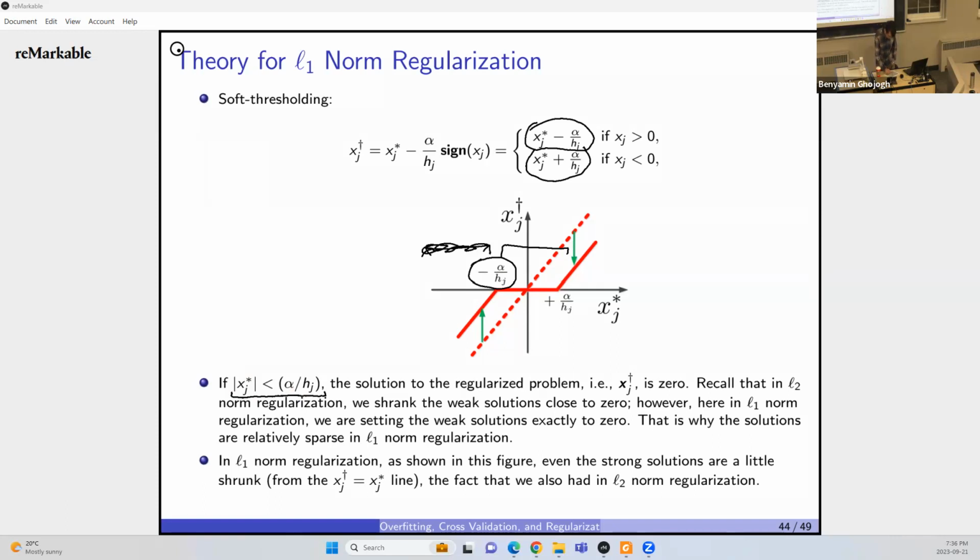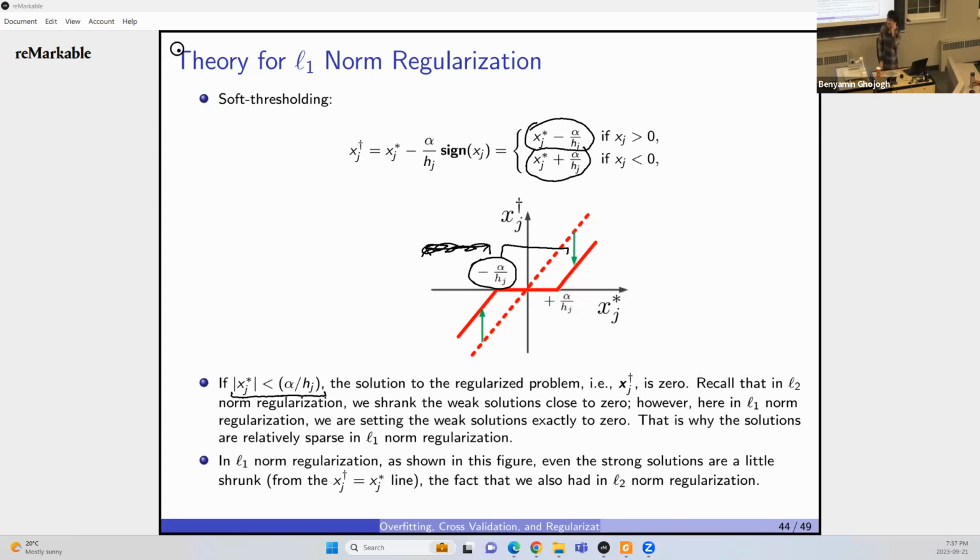What happens to xj dagger? In this region, what is xj dagger? It's zero, right? What does it mean? When my xj star is less than some threshold, and this threshold is alpha over hj here, set it to zero. Push it to zero completely. Make it zero, make it sparse.